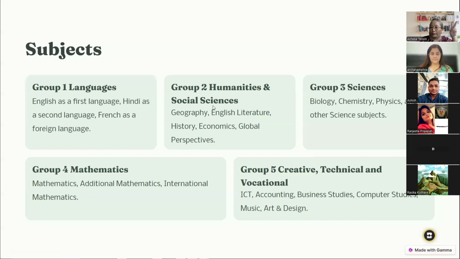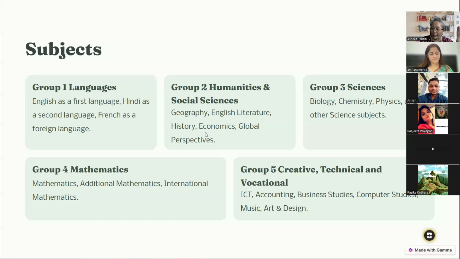You study 1 subject from humanities. Maybe most of the students would want to do global perspectives. But some of the students who want to study economics in the diploma program or in the A levels may take economics over here. Some students who like English may take English literature.